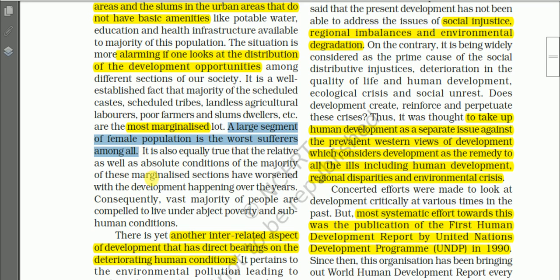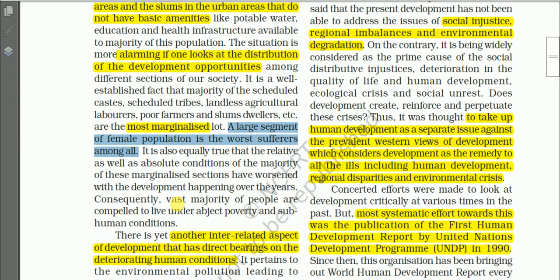And it is also equally true that the relative as well as absolute condition of the majority of these marginalized sections has worsened with the development happening over the years. So in India, development activities have been there for the last 50-60 years, but what is going on is that the marginalized sections have worsened, not developed, and the rich people are developing.